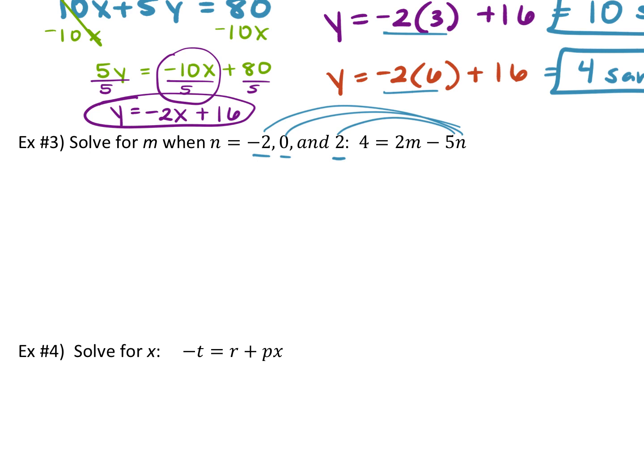So what I would do in this situation, 4 equals 2m minus 5n, they gave you values of n, okay? It says solve for m. That means we want to isolate which variable? M. If you're solving for m, get m by itself, okay? The first thing to do to solve for m is what?